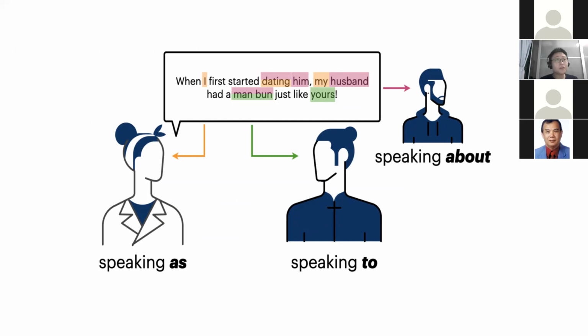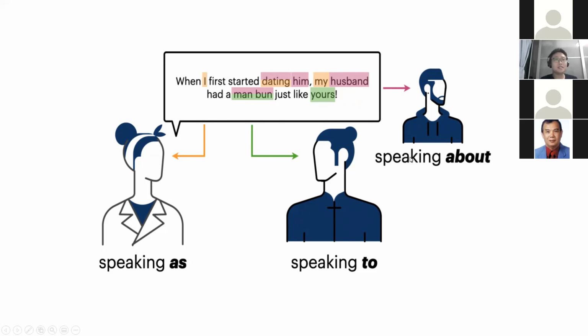So this sentence: when I first started dating him, my husband had a man bun just like yours. So it becomes apparent from the "I" that in this sentence, the speaker is speaking as a woman, and they are speaking about the husband of the speaker.